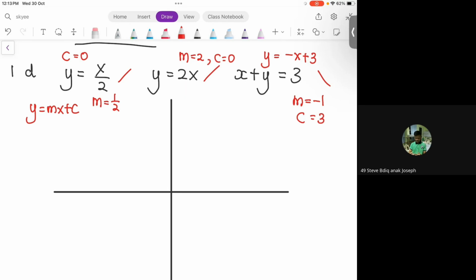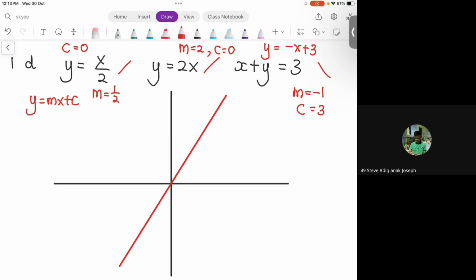So for these 2 graphs, they will be touching the origin, but you will find that one of them will be more slanted. For the 2 one, it might be something like this. This one is y equals to 2x.